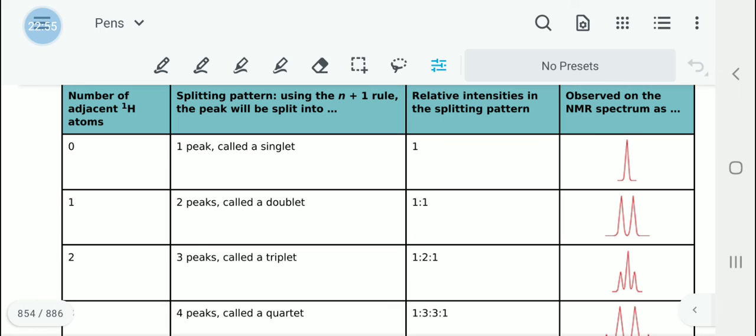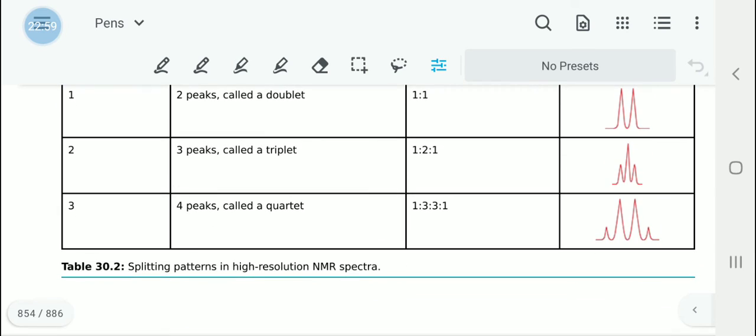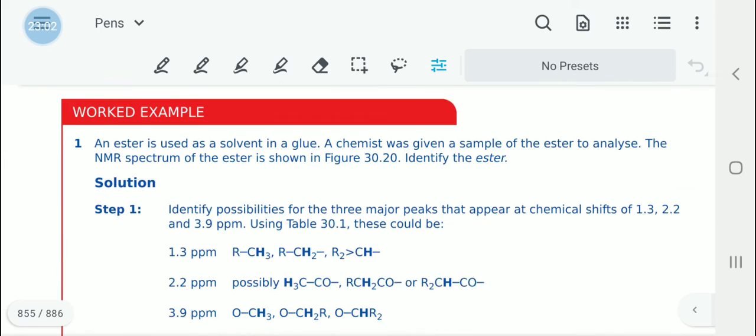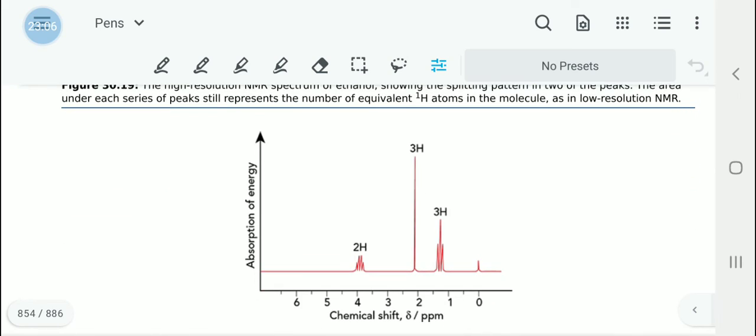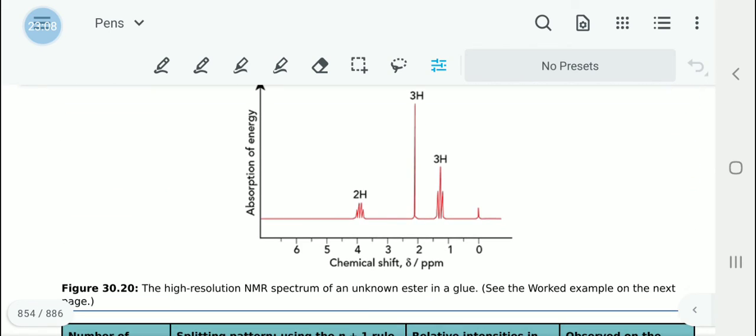That is the principle that we use to identify these things, and that is how we identify the number of hydrogens. If you did not understand, let me know.